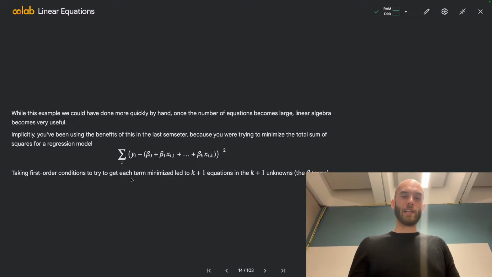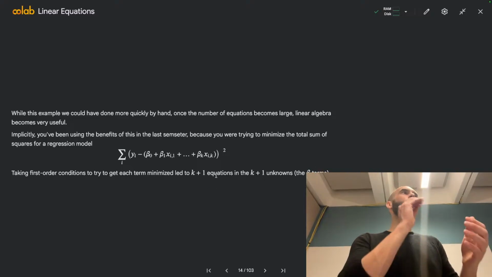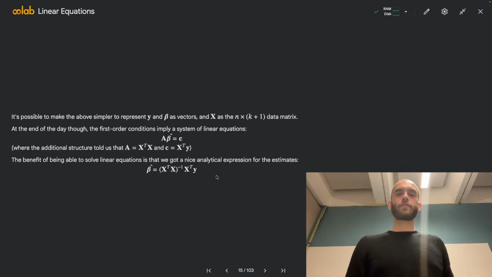This is a system of equations, as you saw, and you can represent this in matrix form. All you were trying to do is essentially choose betas to minimize this thing, which is just a linear algebra problem. You could set it up in this general way as a linear algebra problem. We're not going to spend a ton of time with this. You've seen this before, but this is a way of representing the optimization problem with both x and y.